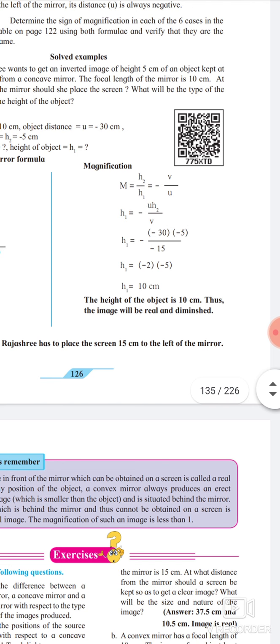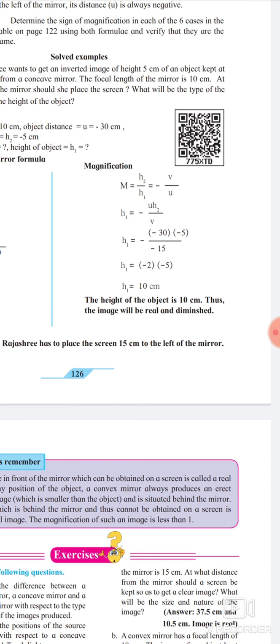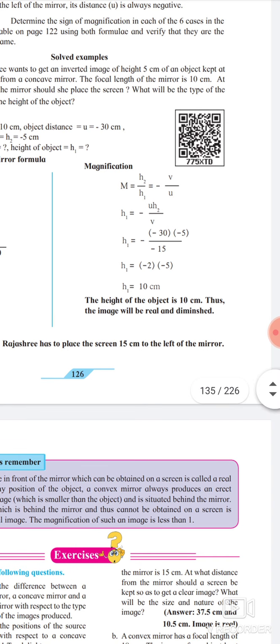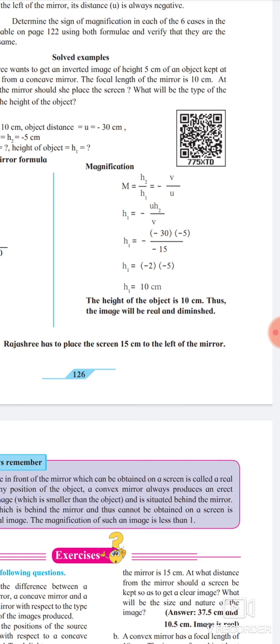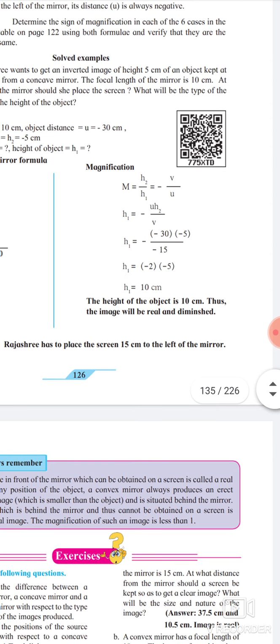Now you have to find out the value of h1. I told you just now that h2 upon h1 is equal to minus v upon u. Because the left hand side is the same, m is h2 upon h1 and m is equal to minus v upon u. That's why you can write h2 upon h1 is equal to minus v upon u.